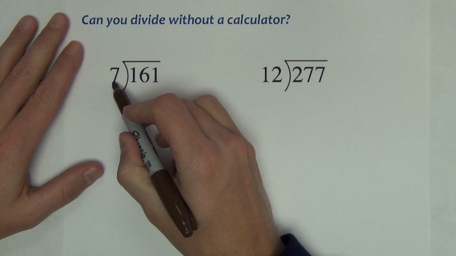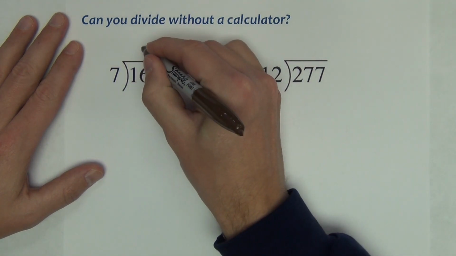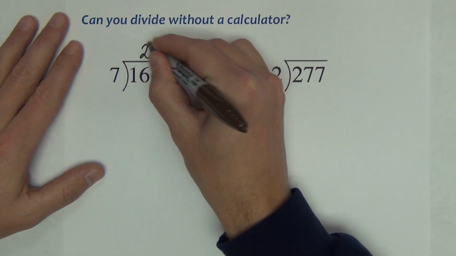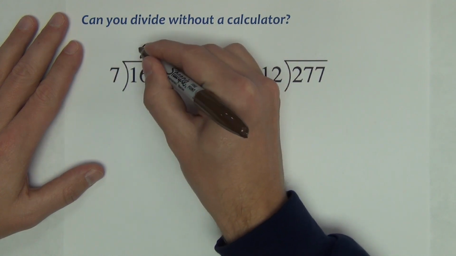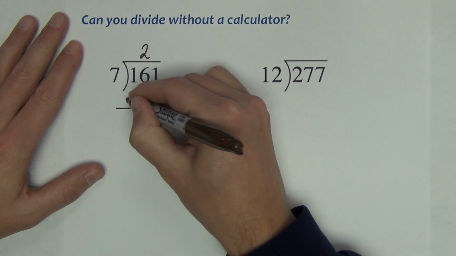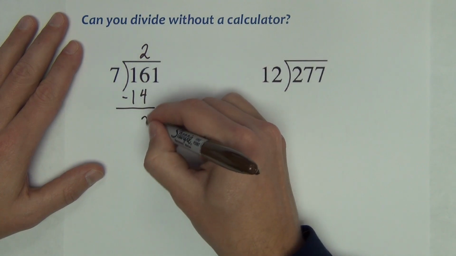So dividing, we take 7 into 16. How many times can 7 go into 16? The answer is 2. Whatever's on top up here will multiply the number in front. So 7 times 2 makes 14. Then we subtract. 16 minus 14 is 2.